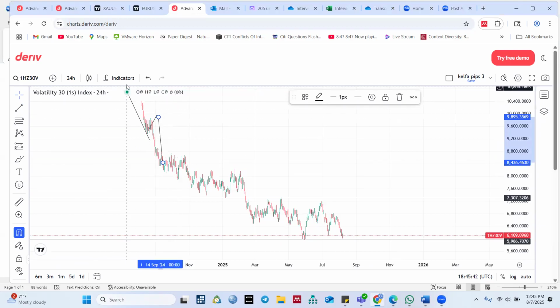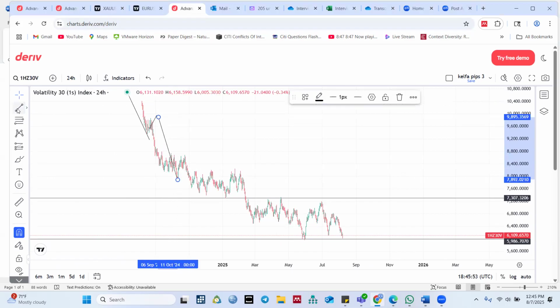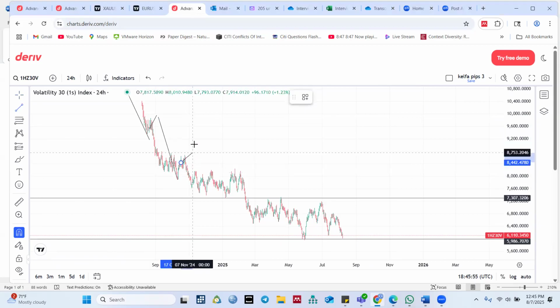It's moving down: a low, lower high. Dropped down again into this area, low, and then gave us a lower high here. And from here, it dropped again into this area of low and gave us a lower high. So this is the structure.